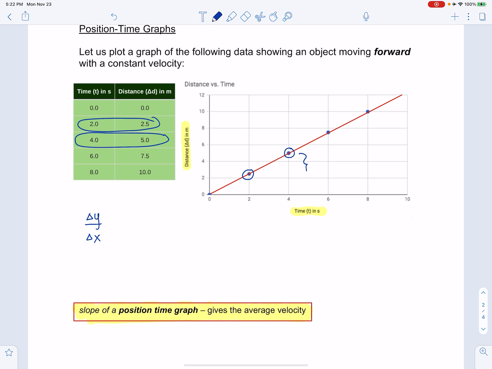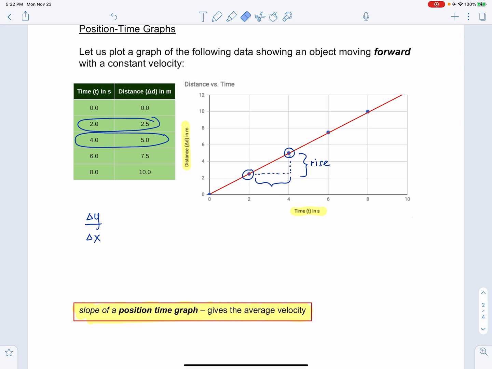If we calculate the rise, how much it increased from this point to this point, and divide it by the run, how much it increased from 2 seconds to 4 seconds, we can find the slope of the line and therefore find the velocity of this moving object.